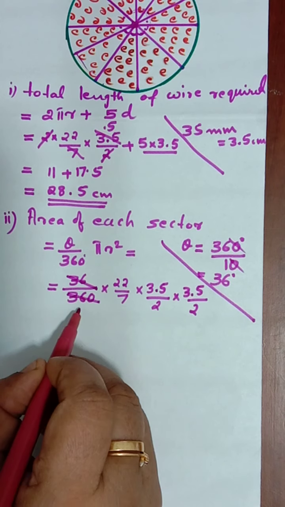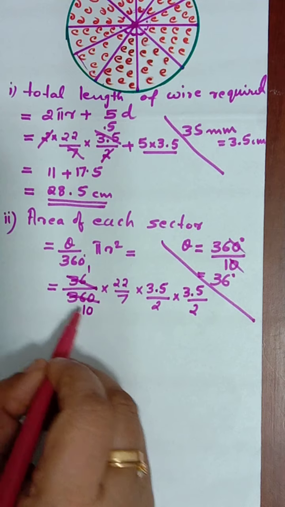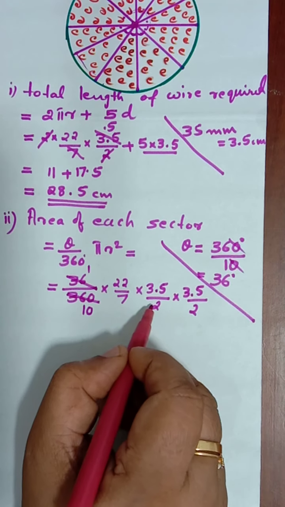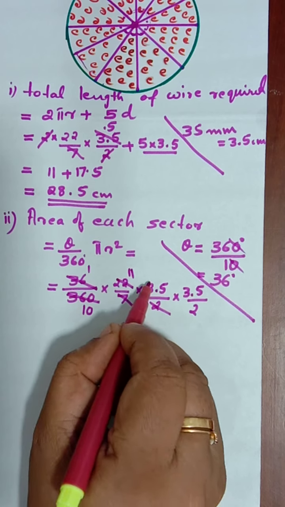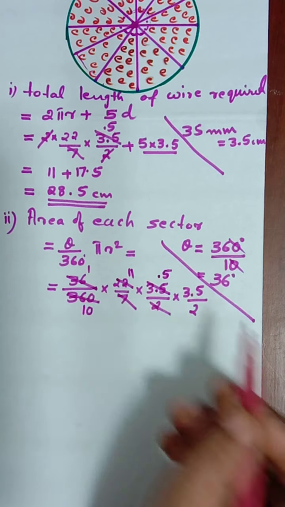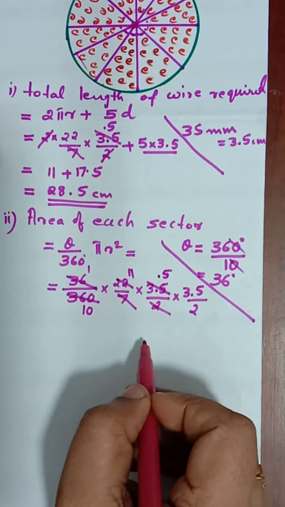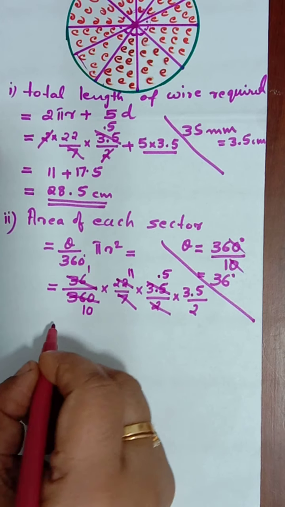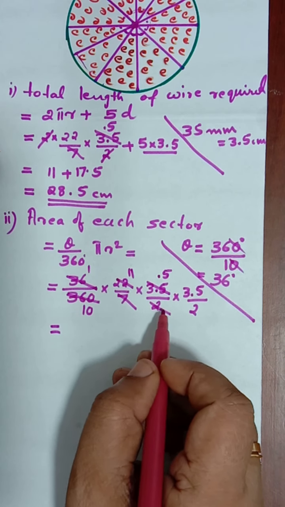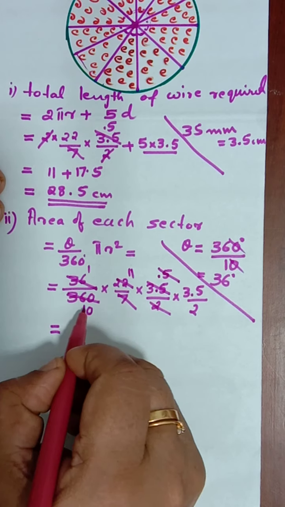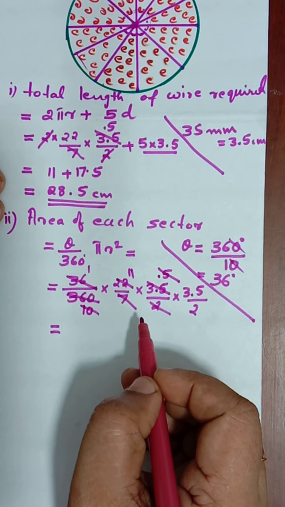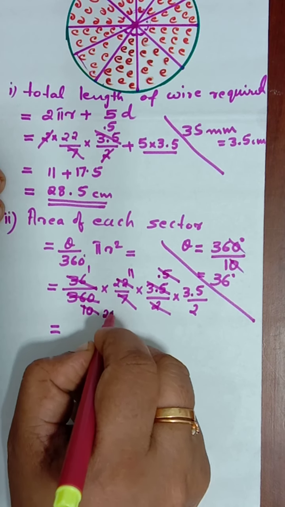We'll be getting it as 10 times, 36 one time, 36 10 times. So 2 and it will be 11, 7 5s are 35, so 0.5. Now nothing to cancel. Again 5 can be cancelled. So 11 into 0.5 into, this 0.5 and 10, isn't it 20 times?